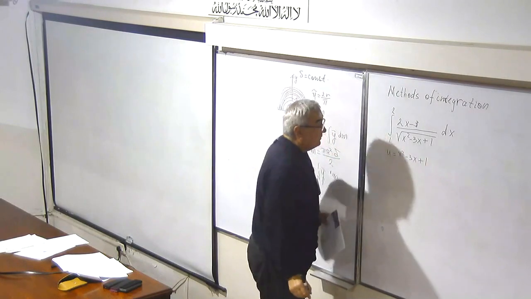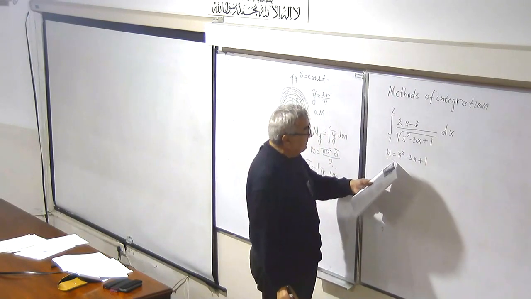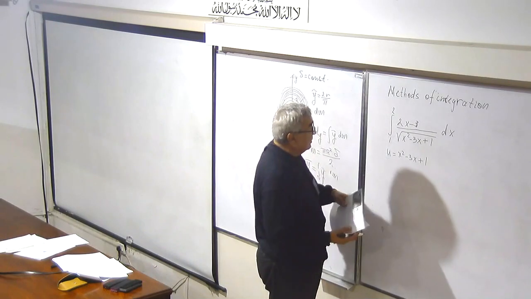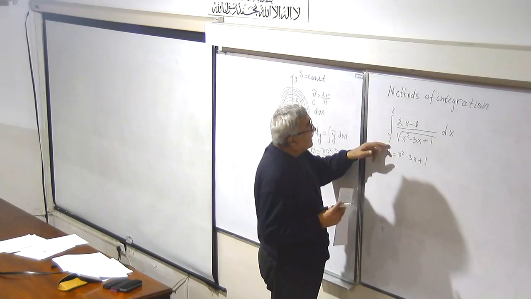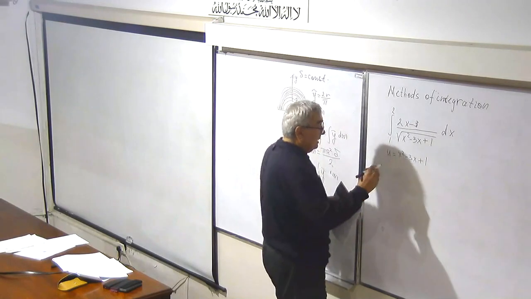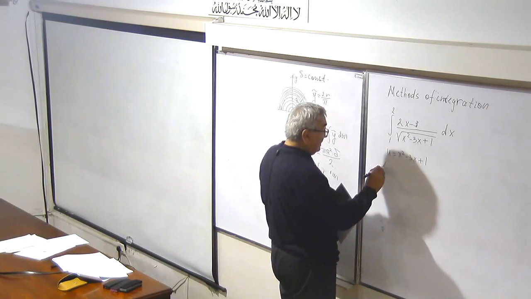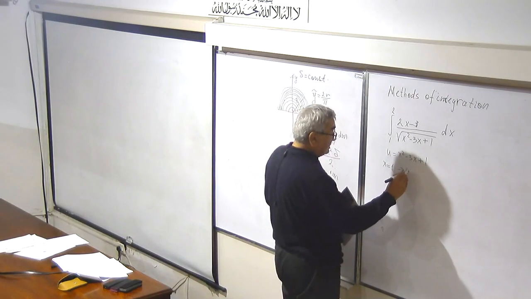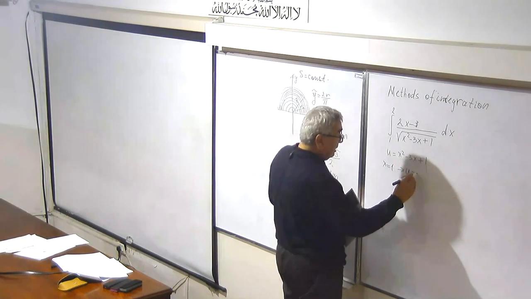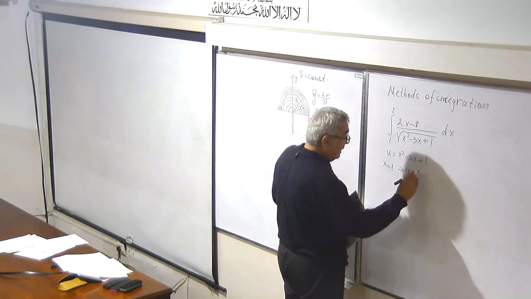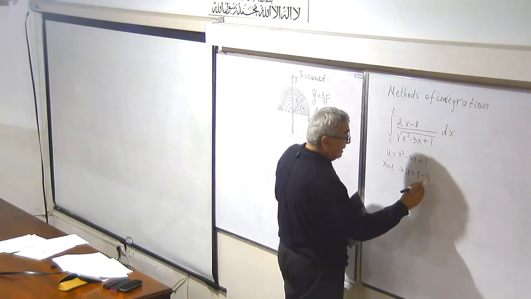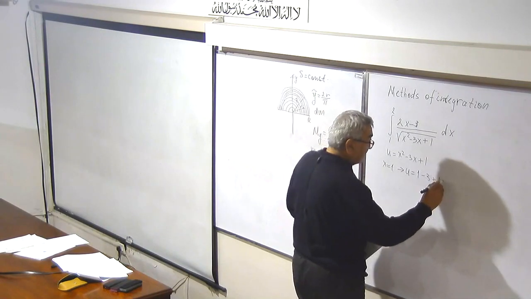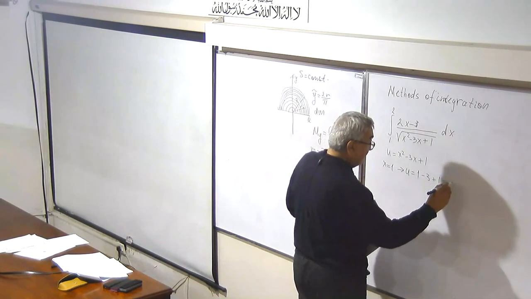Initially I will find the limits for u from the lower limit of x and the upper limit of x. If I take x equal to 1, u should be equal to 1 squared, minus 3, plus 1, which gives minus 1.